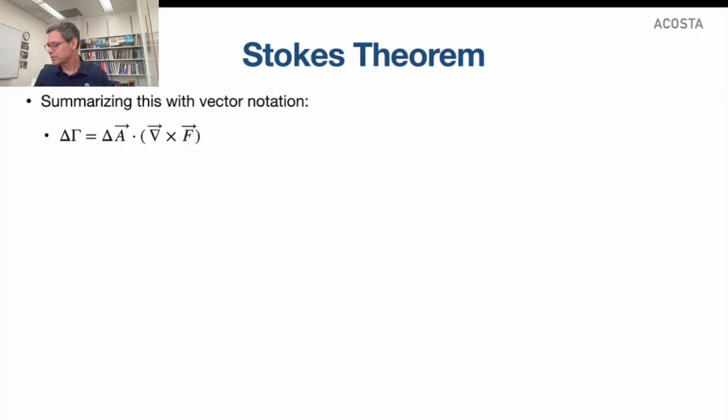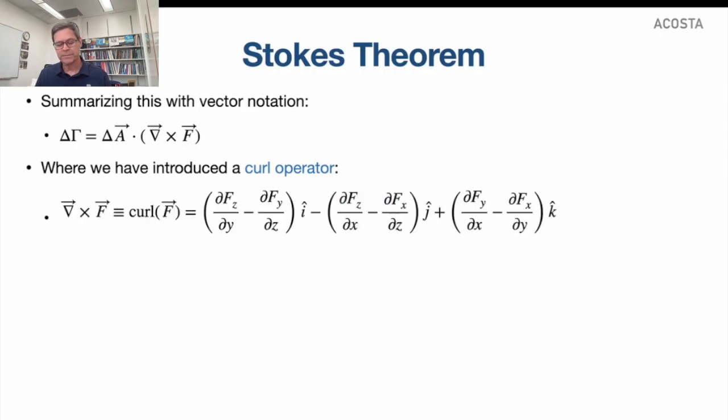And that's a function in vector calculus. We've introduced what's called the curl operator. So the curl operator is what I've listed here as del cross f, also written as the curl of f. And it's a combination of all those differences in partial derivatives along each direction.